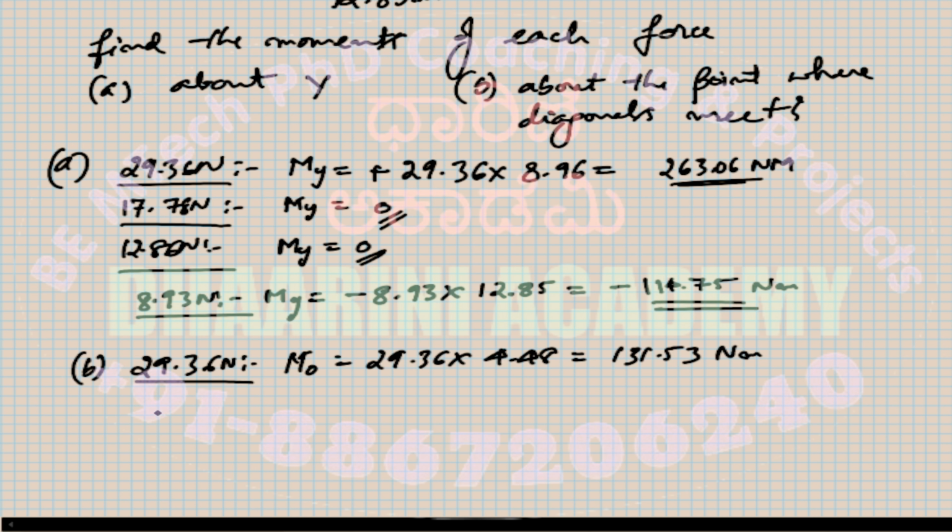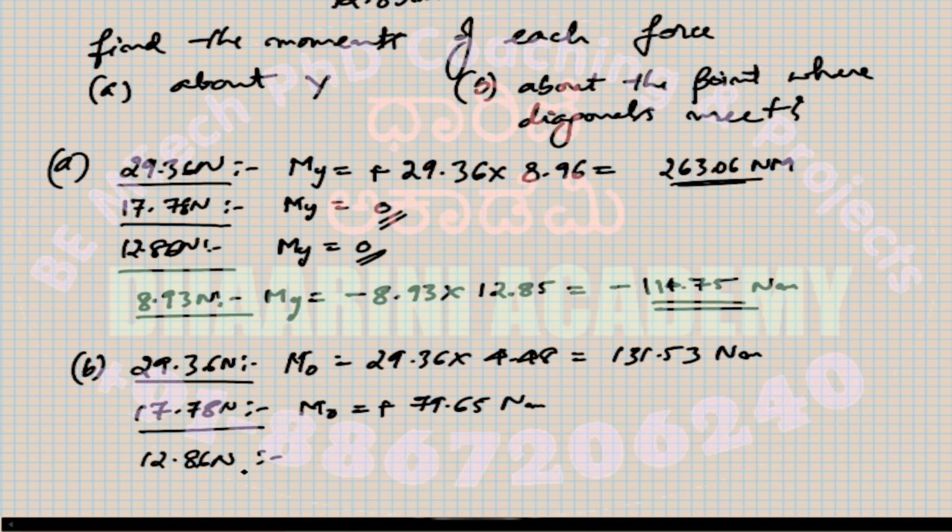Then let's write for the second force, 17.78 Newton force. M equal to 79.65 Newton meter. Is it positive or negative? Positive. Okay, the next one is the 12.86 Newton, 57.61 Newton meter.